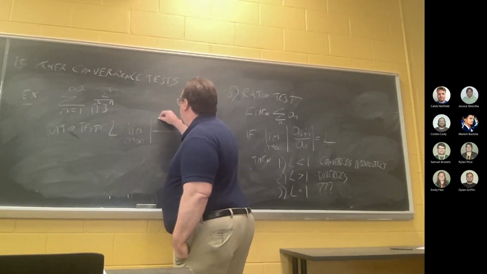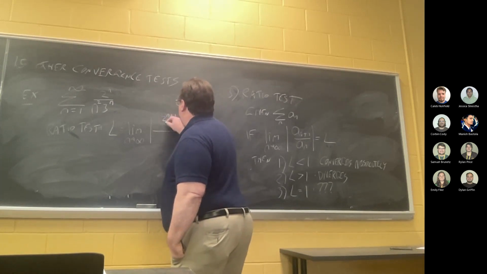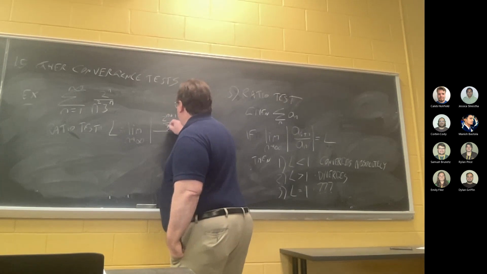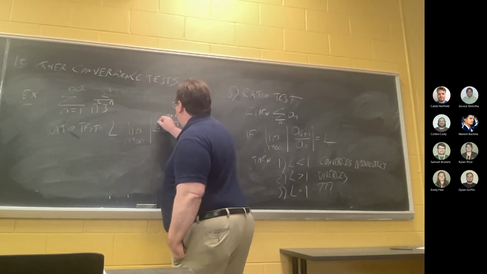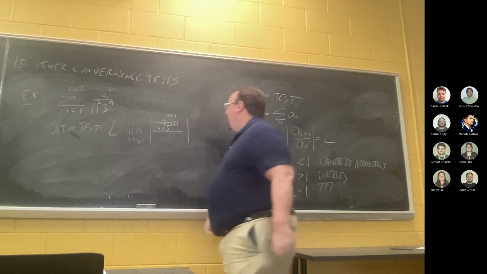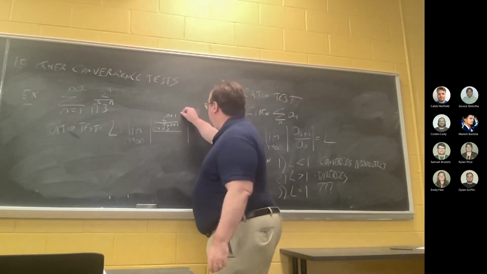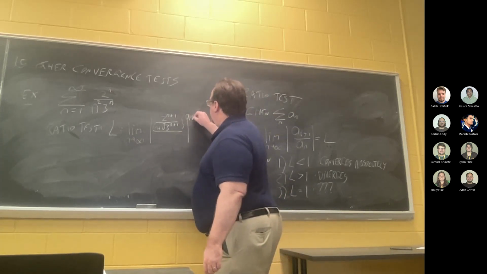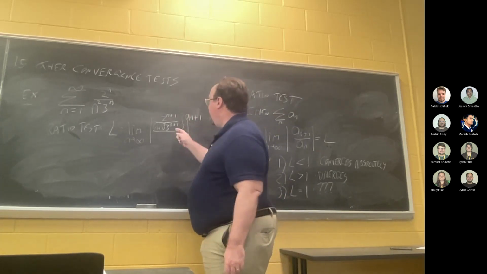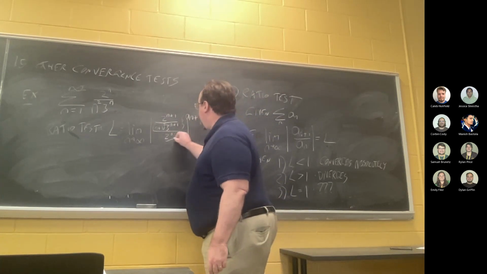So that would be 2 to the n plus one over 3 to the n plus one. And then we have n plus one quantity squared. So this is a_{n+1}. Down below, we put a_n.